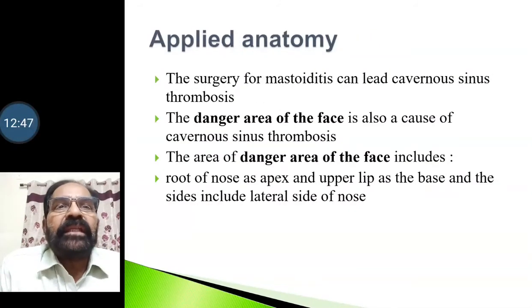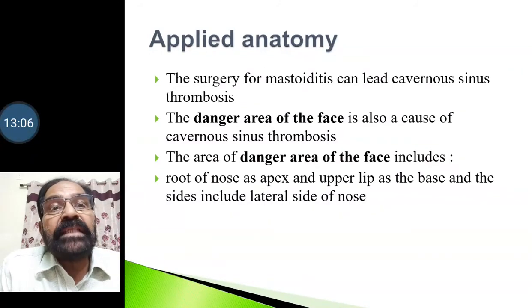Then applied anatomy. In surgery of mastoiditis, there can be cavernous sinus thrombosis. Then there is one dangerous area of the face, which is also a cause of cavernous sinus thrombosis.